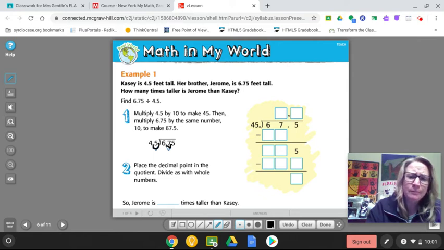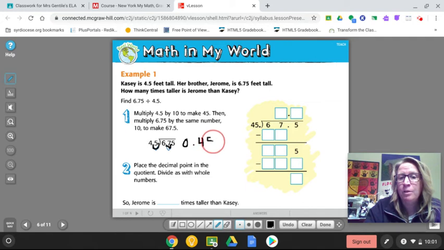Okay, so now remember, you're multiplying the decimal in the divisor by a power of 10. So if it had been 0 and 45 hundredths, what power of 10 would I have multiplied it by?